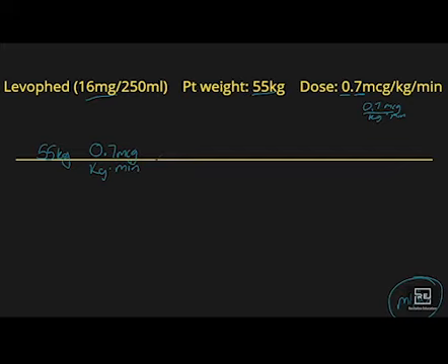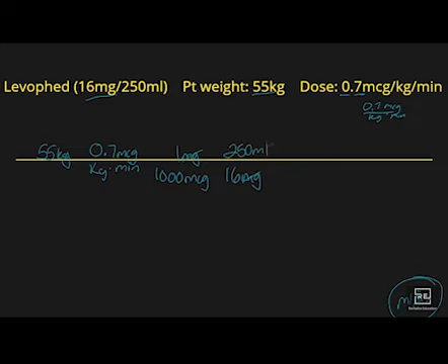We say that we have 1,000 mics in 1 milligram. And now that we have milligrams on top, we can incorporate our concentration. So you have 16 milligrams on the bottom, so that we can cancel out our milligrams, and we're in a 250 ml bag.